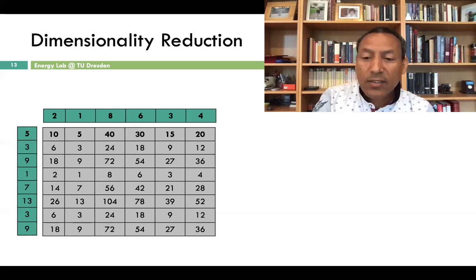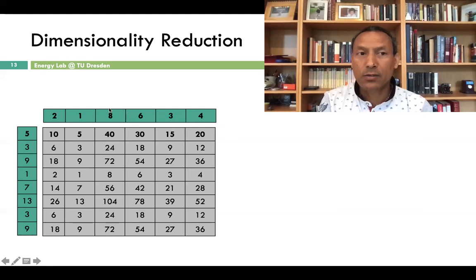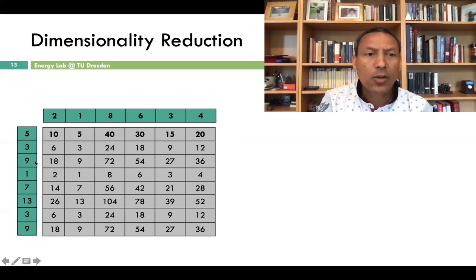So we can get rid of the whole matrix, because in fact, the whole matrix is just the cross product of these two vectors. Here, 5 times 2 is 10, 5 times 1 is 5, 5 times 8 is 40, and so on. If you just take this row and this column, you'll get the value 9. 9 times 6 is 54, and so on.